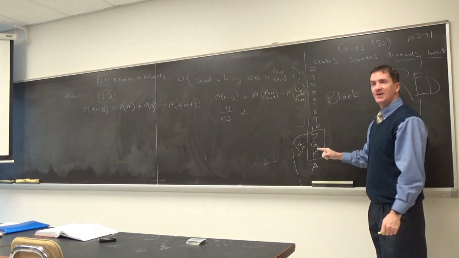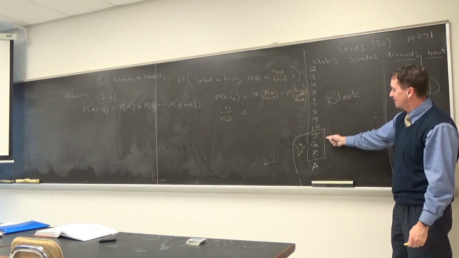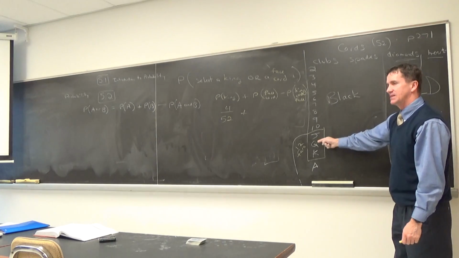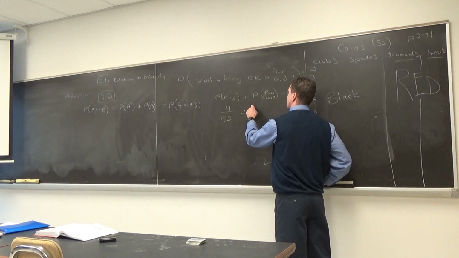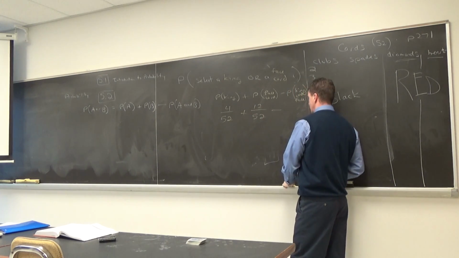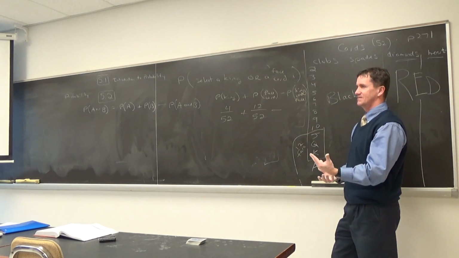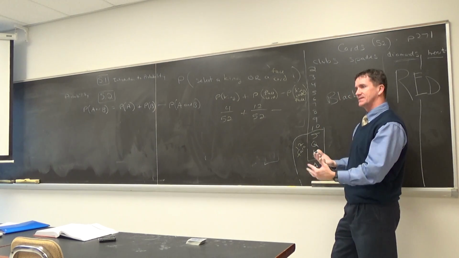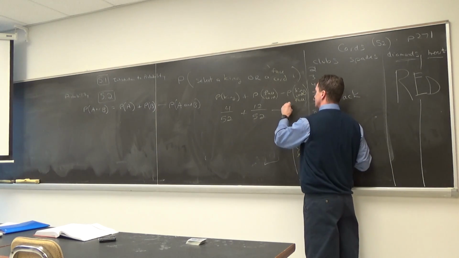Do you remember how many face cards there were? 12, because you've got the jacks and the queens and the kings. There's 4 of each of these, so I'm going to have to do 12. How many cards in a deck have a face on it and a king on it at the same time? 4 of them. Then we'll get our answer.